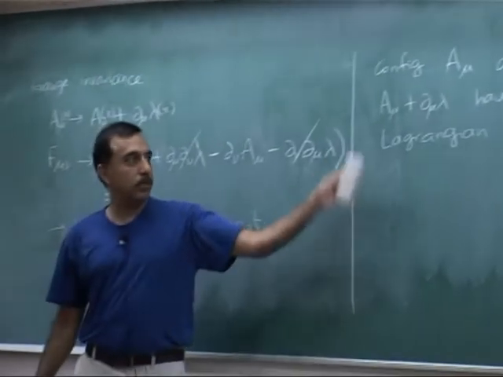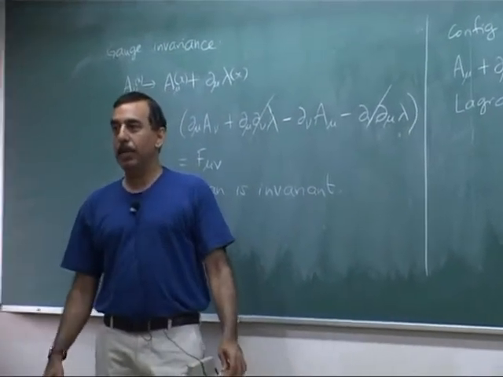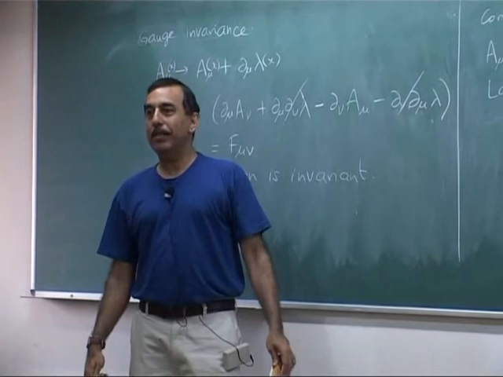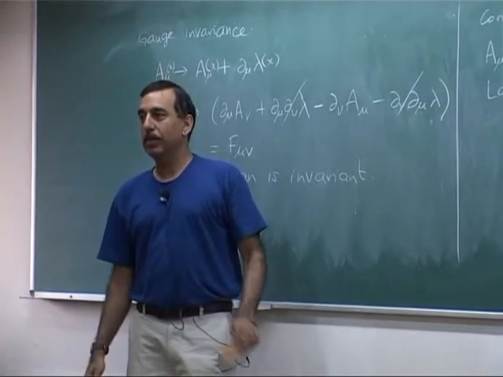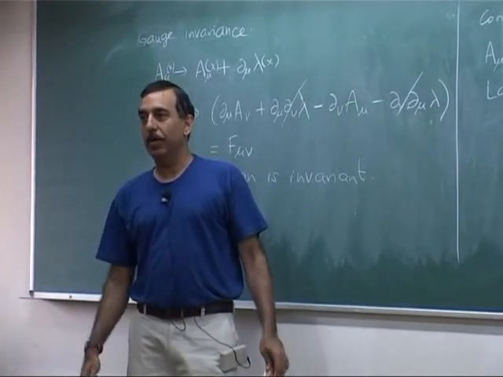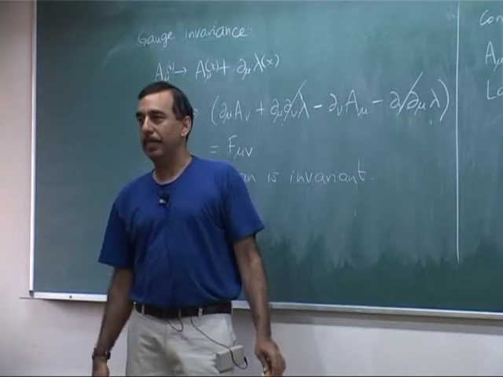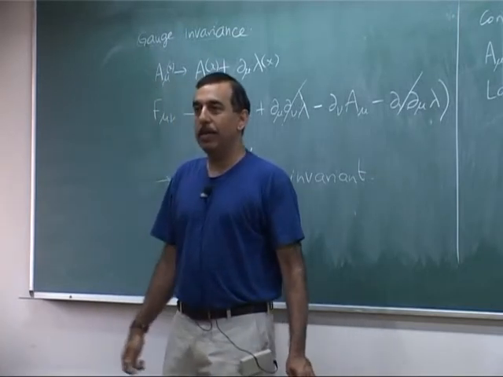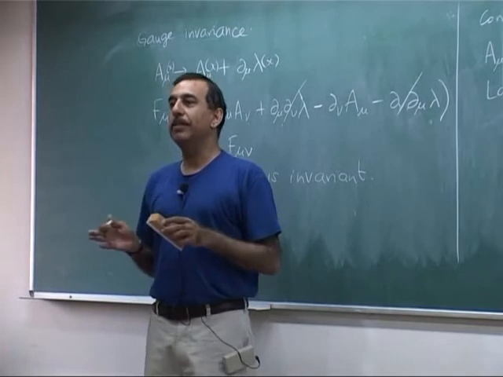After many years of studying this problem, it has been understood that this is not a symmetry at all, in the sense that we use the word symmetry. It's better to call it gauge invariance rather than gauge symmetry, because symmetry relates to physically distinct situations.